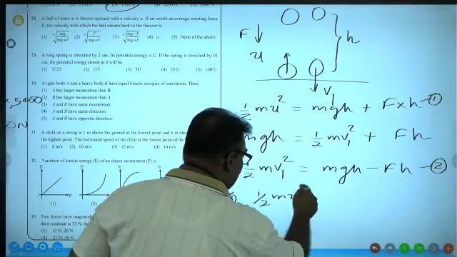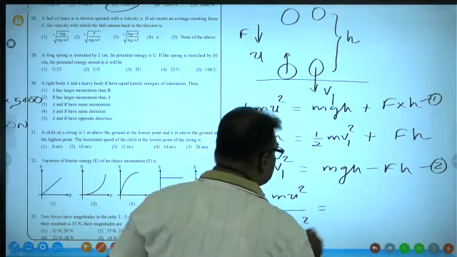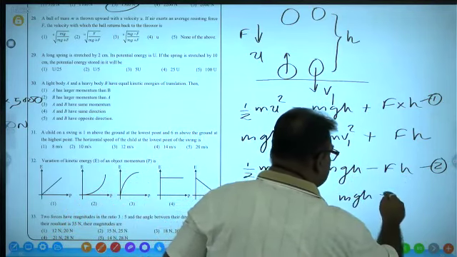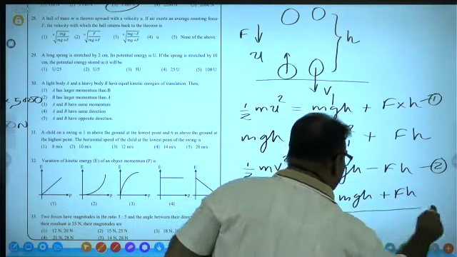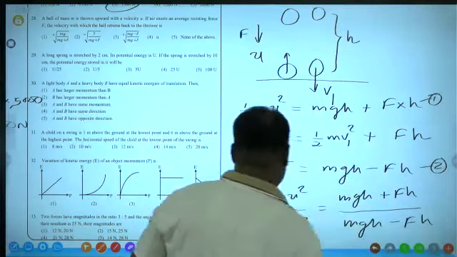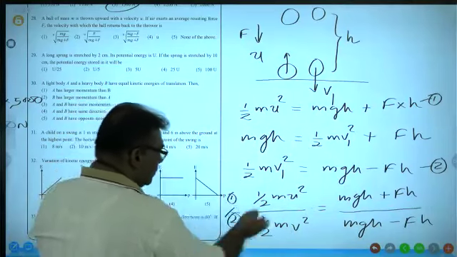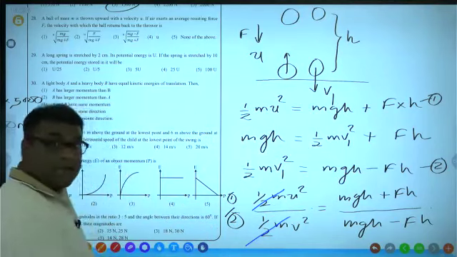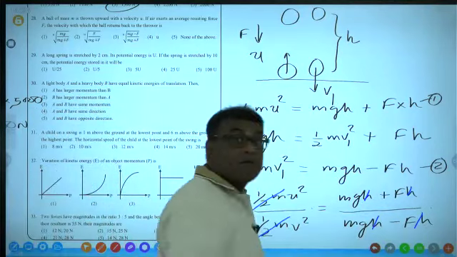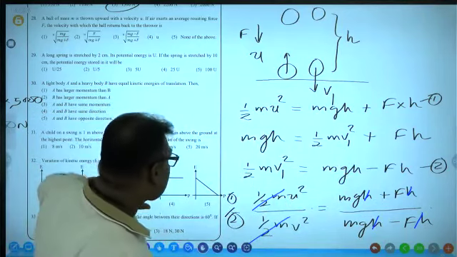Half m u squared over half m v1 squared equals mgh plus fh over mgh minus fh. Now you can see half m will be cancelled. Done. h is a common factor in numerator and denominator and cancels.